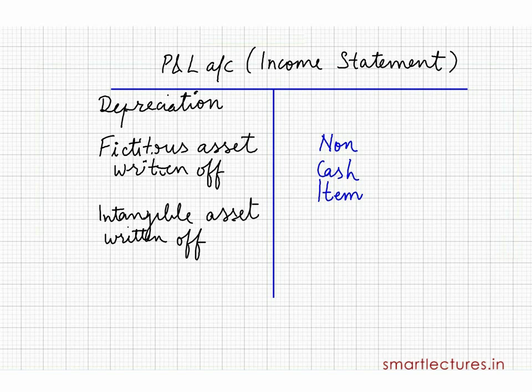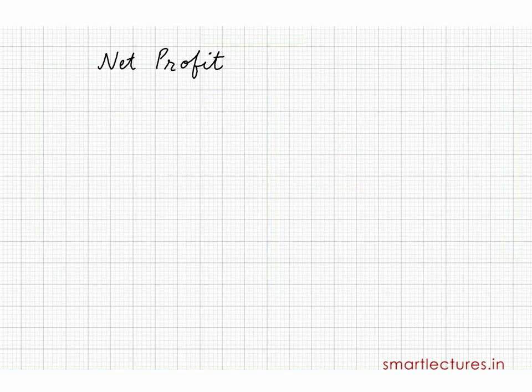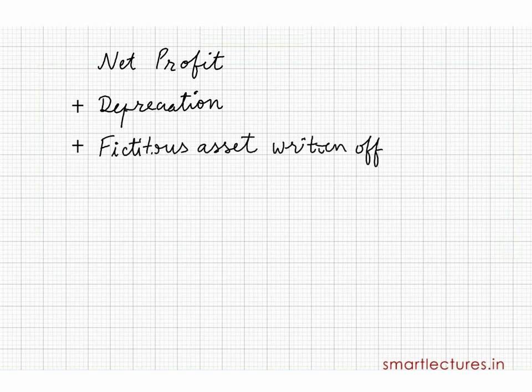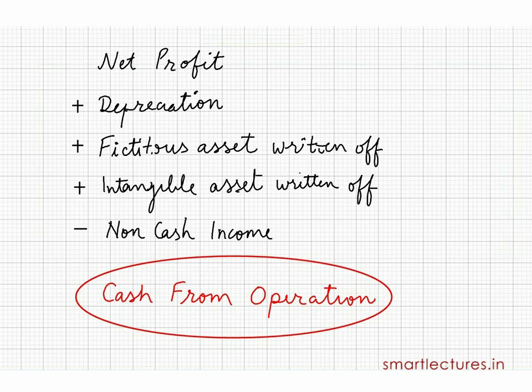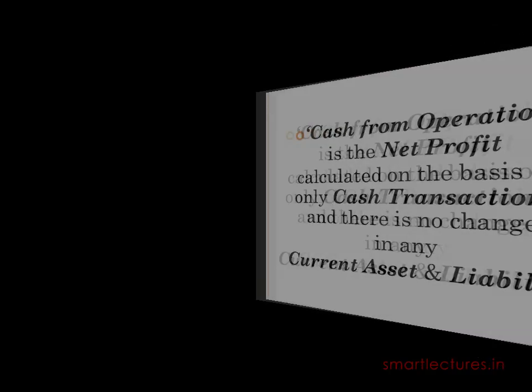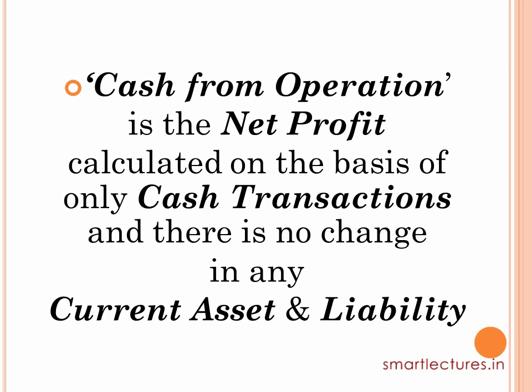If you find any non-cash item on the credit side of the income statement, that will be deducted. So the formula is net profit plus depreciation plus fictitious asset written off plus intangible asset written off minus non-cash incomes, and that will be equal to cash from operation.